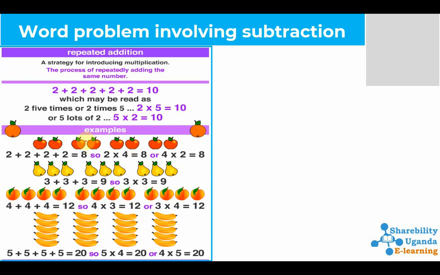Okay, so we can say 2 times what? Times 4. They are 2s, 4 times. Okay, so it's the same as 2 plus 2 plus 2 plus 2, which is equal to 8. They are arranged in 2s. Okay, here they are 2 times 4, which is the same as 8. So 4 times 2, which is equal to 8.